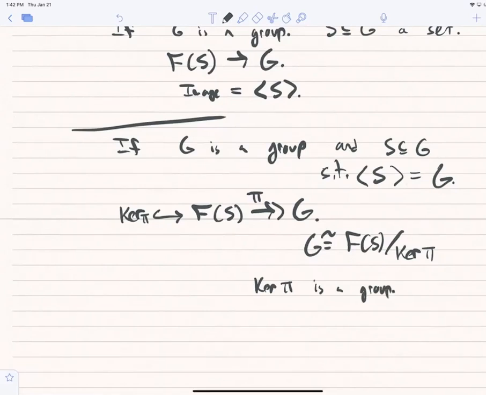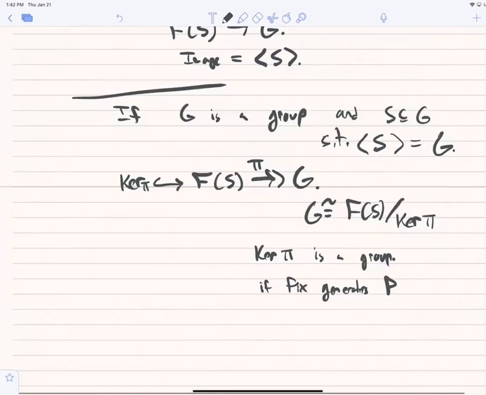So if I fix generators P, then I get a surjection from F of P onto the kernel of pi.